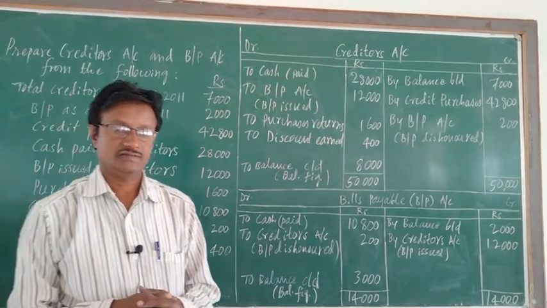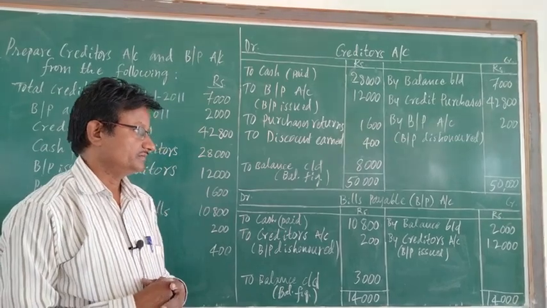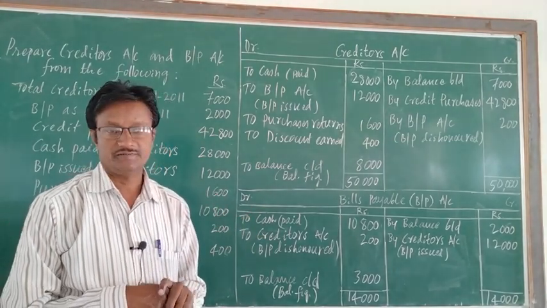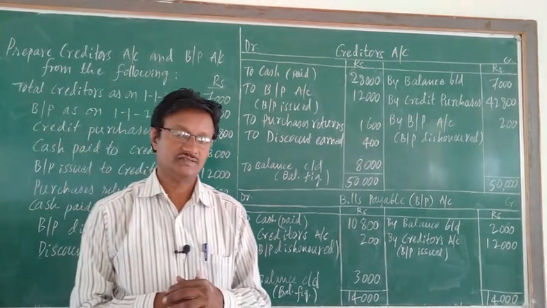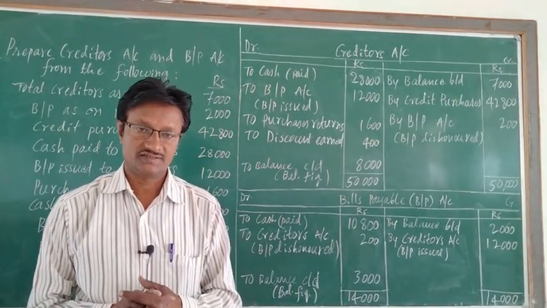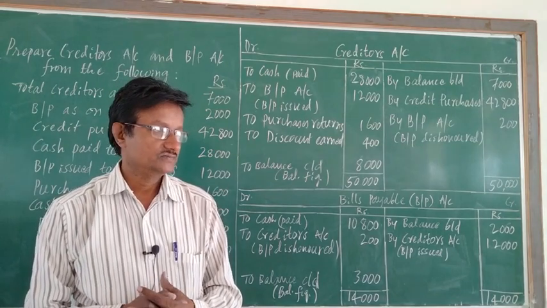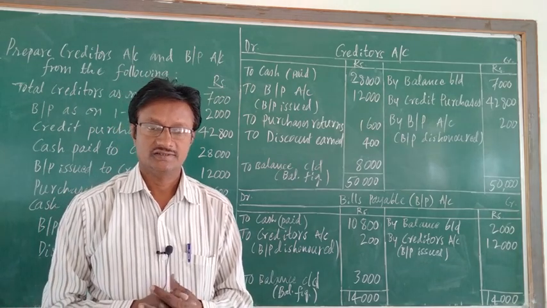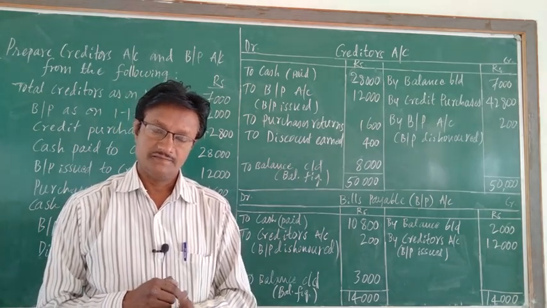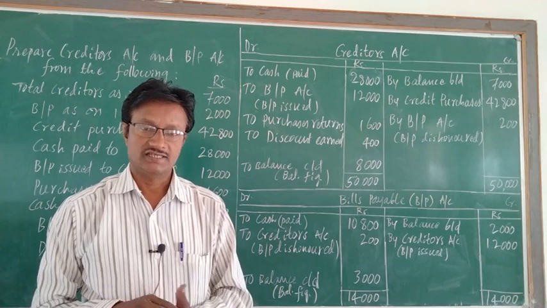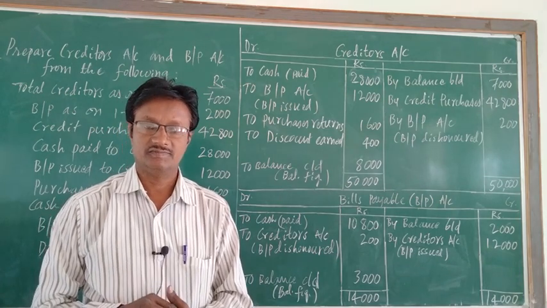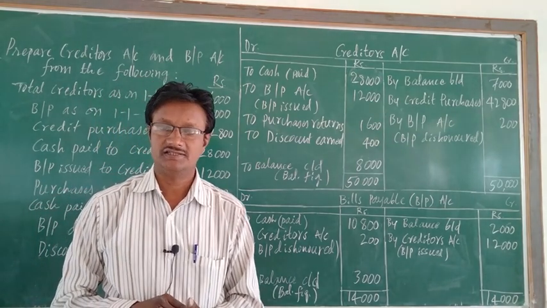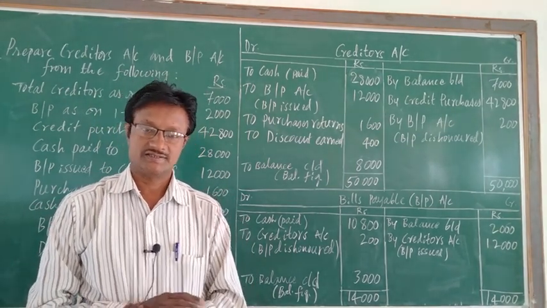In the next class, for the examination, this type of problems are asked for 5 marks and for 15 marks we have to solve the problems in the next class. So in the next class we have to convert the single entry system into double entry system by taking the problems which are asked for the examination for 15 marks. Thank you.